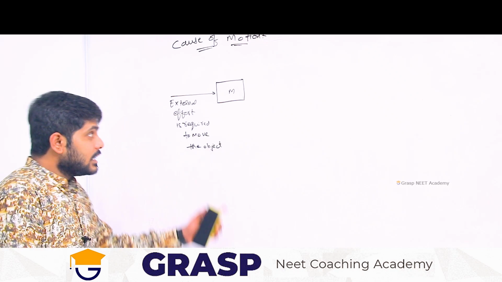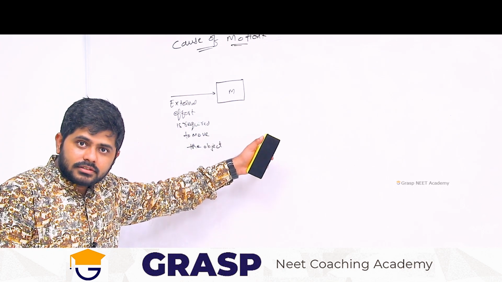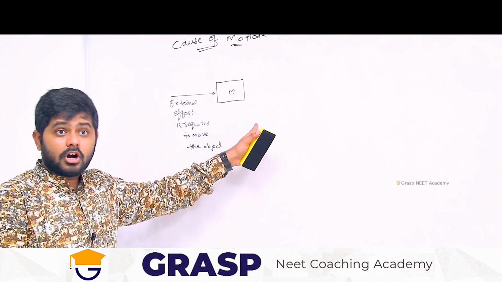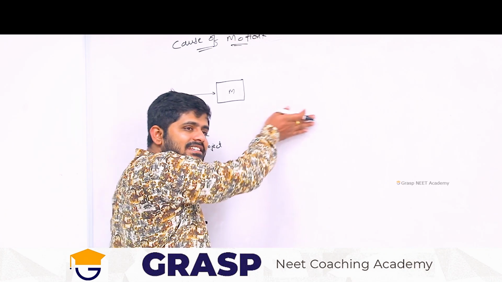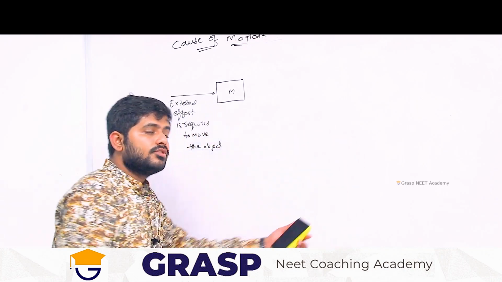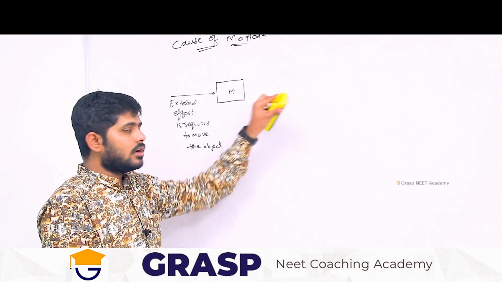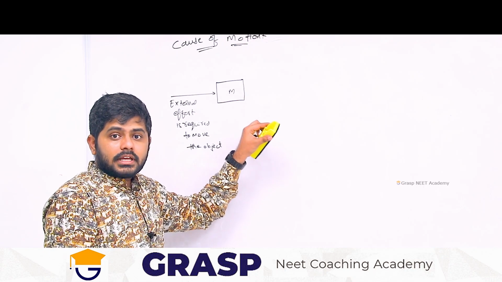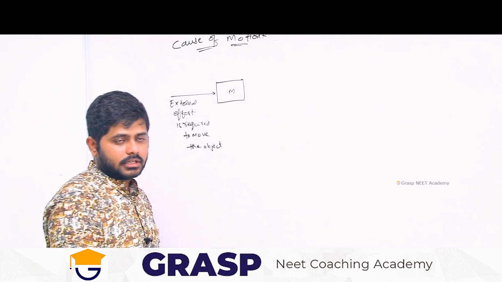Unless you apply external effort, the object can't move. Or if an object is already in motion, unless you apply external effort, the object can't stop. So that external effort is important here.